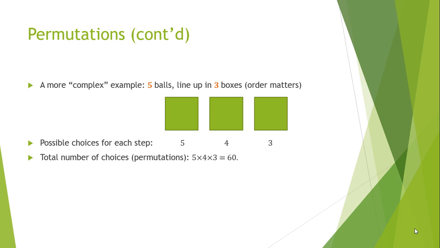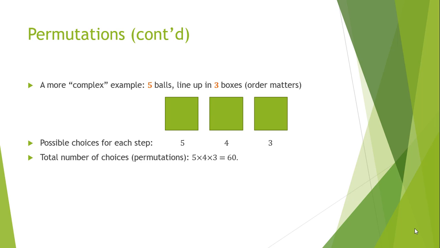Well, let's look at a more complex example. Let's say instead of 3 balls, now we have 5 balls, each one numbered 1, 2, 3, 4, or 5. And now we have to line them up in 3 boxes. And remember, this is a permutation, so order matters. For the first box, since all 5 balls are available, we will have 5 possible choices.